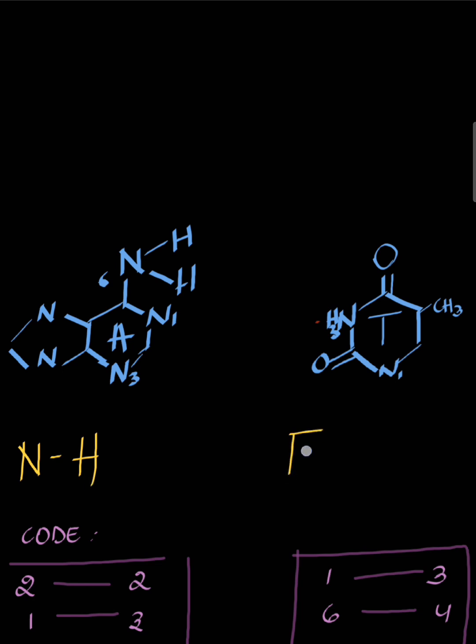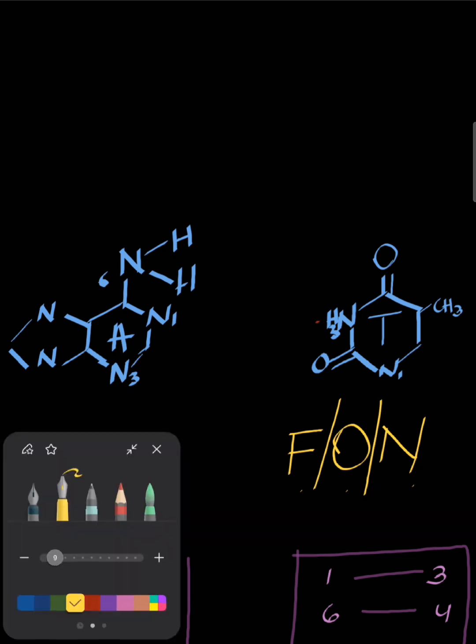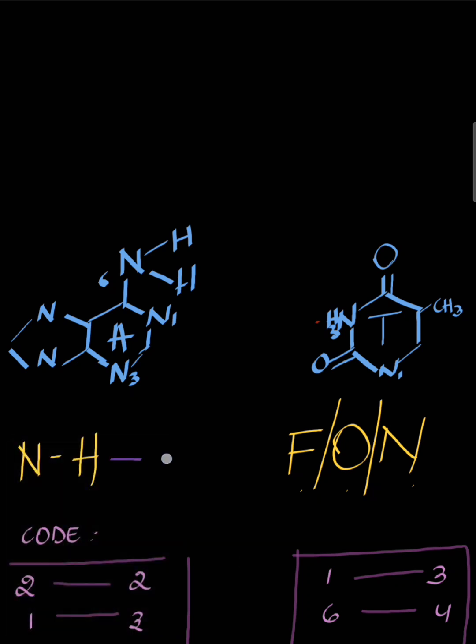And if any of the electronegative atoms, fluorine, oxygen or nitrogen, is present on the other side, there is a possibility that this hydrogen will be able to form bonds with these atoms. So this could be nitrogen, oxygen, or fluorine. But here in terms of DNA, we are talking about nitrogen attached to the hydrogen. So specifically, I'm talking about nitrogen.